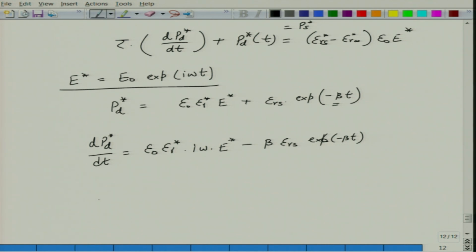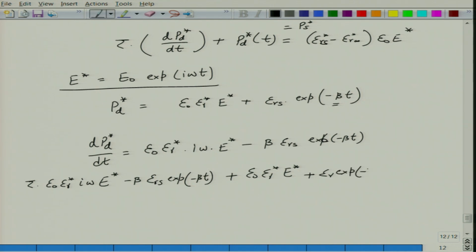So, if you now substitute this in the expression that is shown above, the first thing is tau into epsilon naught epsilon R star into I omega E star minus beta epsilon Rs exponential of minus beta t, then the expression for Pd, which is epsilon naught epsilon R star into E star plus epsilon R exponential of minus beta t.